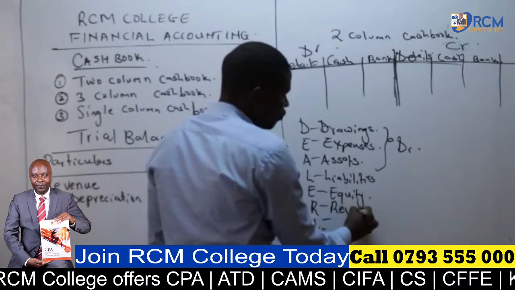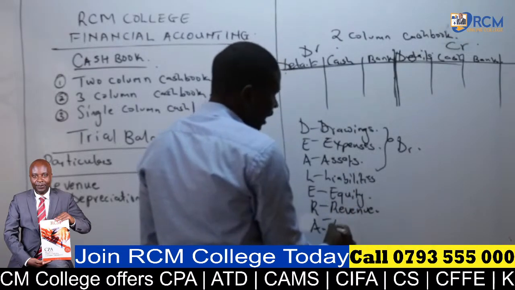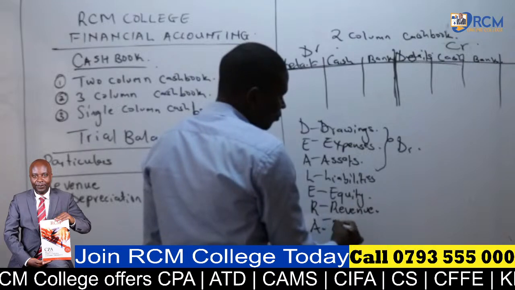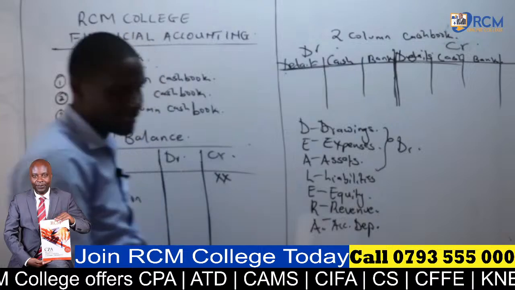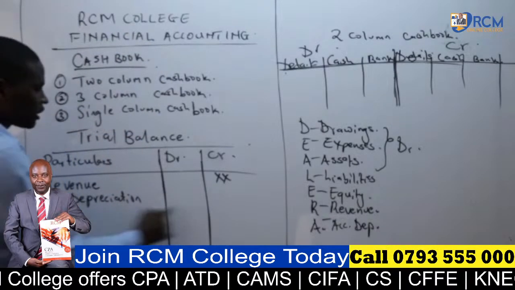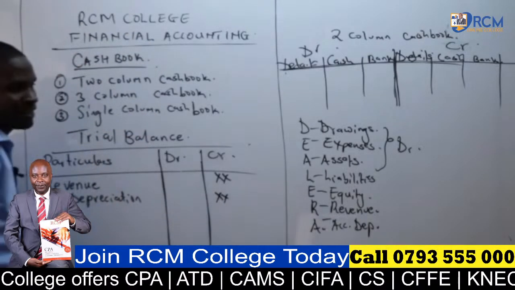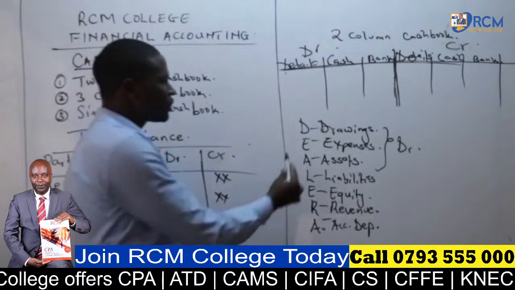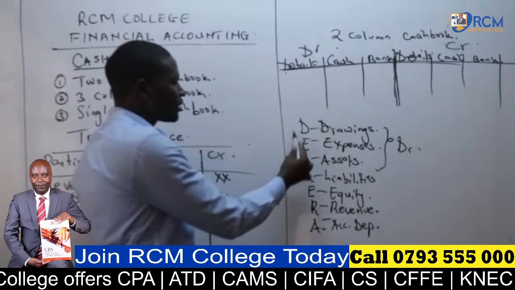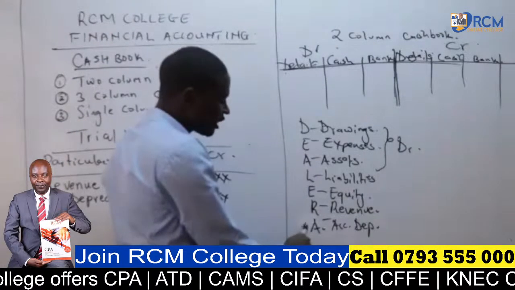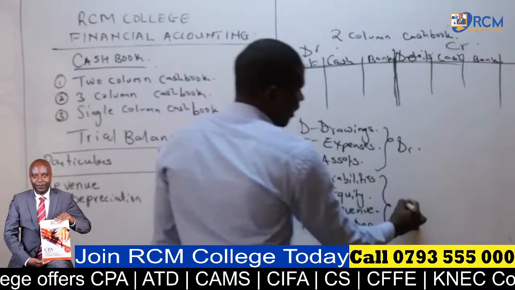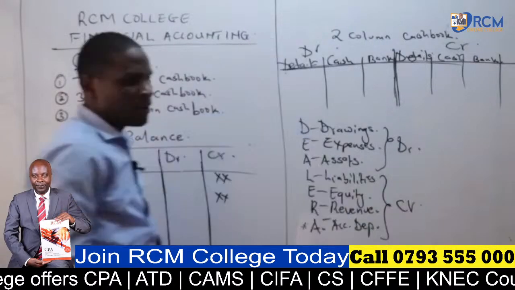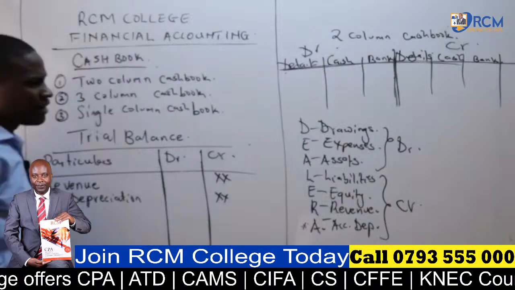And then we have accumulated depreciation, which is special and falls under that section, so it will be credited. Please note, I like putting it as dealer, so that accumulated depreciation can fall here. So all these have a credit balance.